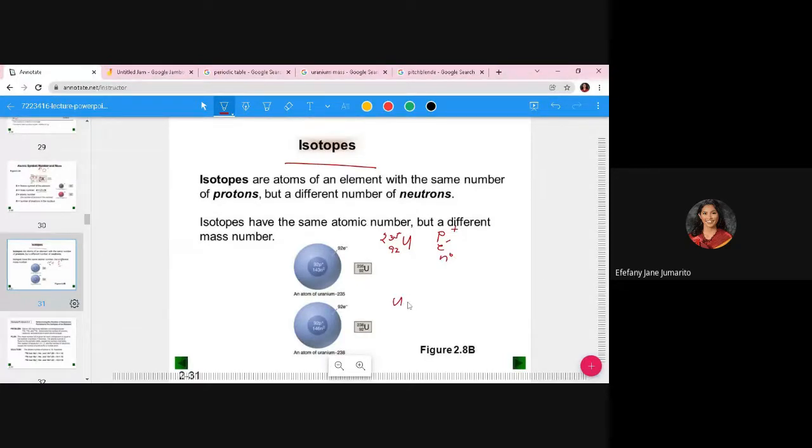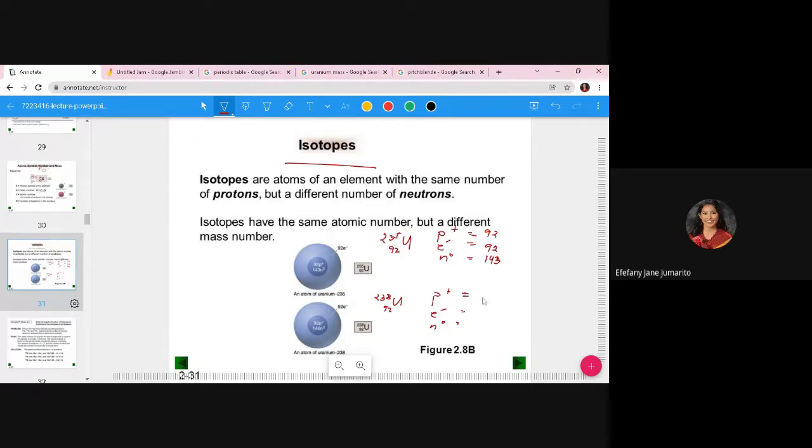Then uranium 238: how many protons, electrons, and neutrons? For 235, 92 protons, 92 electrons, and 143 neutrons.